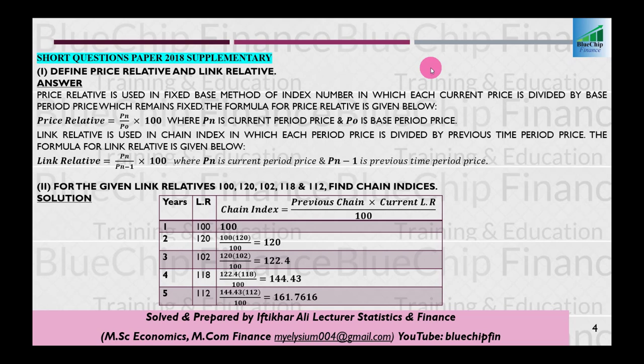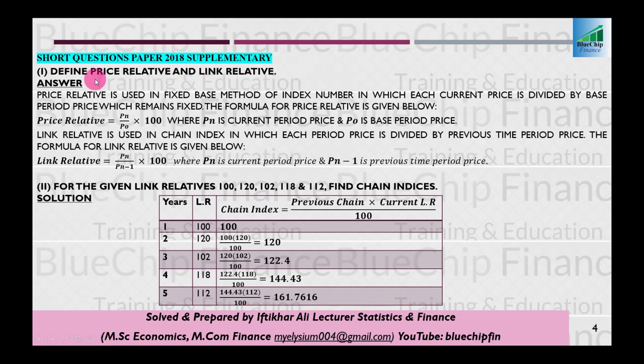After that, price relatives are used in the calculation of simple index number, and also in the composite index number average of relative method. Whereas link relatives are also used in simple index number, where we need to calculate the chain index, and can also be used in composite index number average of relative method, where we calculate the chain index method.